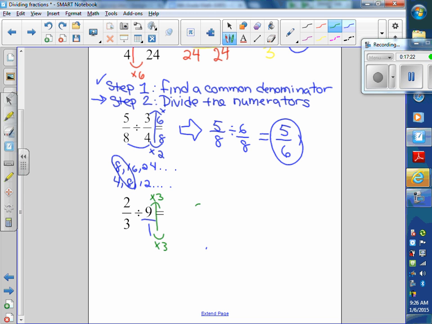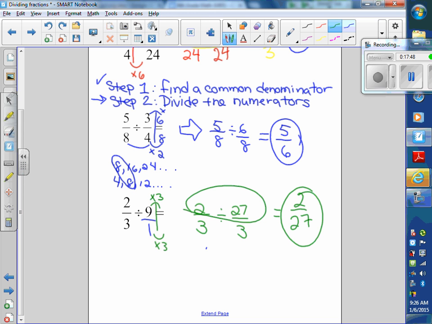So 2/3 divided by 27/3. Step 1's done, right? Yeah. Step 2 is fraction bars mean divide, so just 2 by 27. What's your answer?